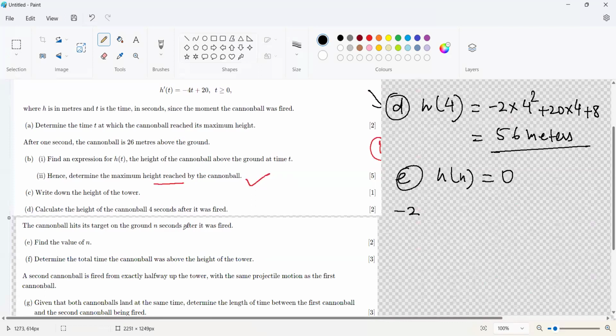So it will be negative 2 times n square plus 20 times n plus 8 is equal to 0. I'll solve it for n.